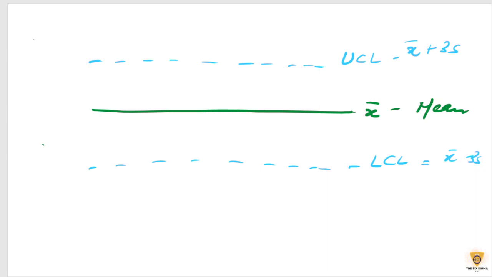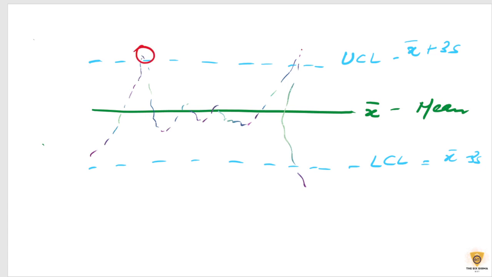So we plot the process data onto a control chart, and we study any trends or patterns that we identify, based on special cause and common cause variation.